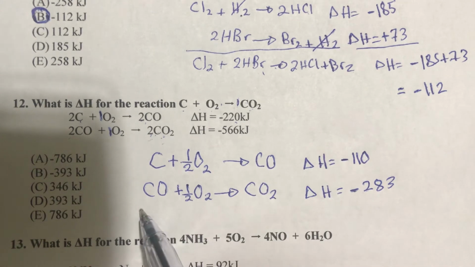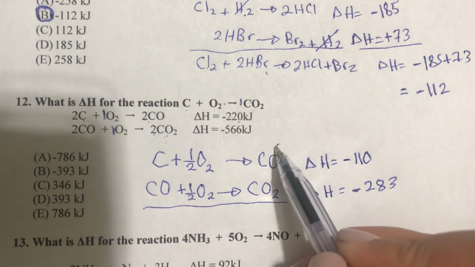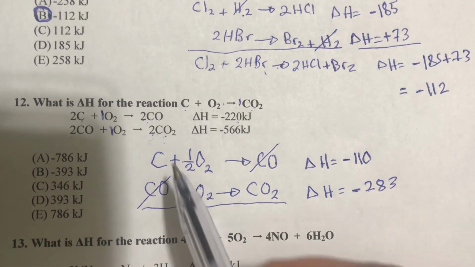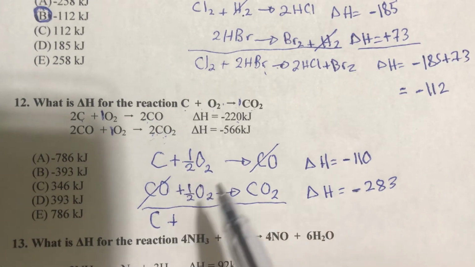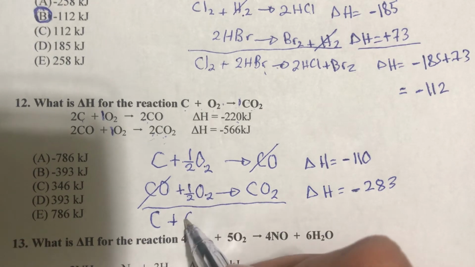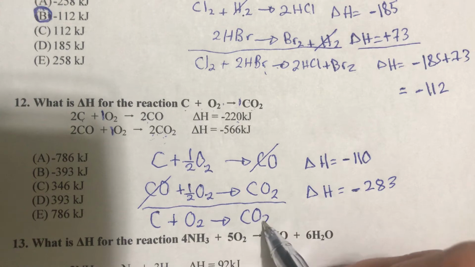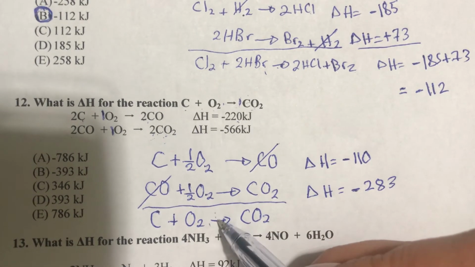So now if you add these reactions to each other, carbon dioxide here in the product and here in the reactant, you can delete it. So carbon plus half mole of oxygen plus half mole of oxygen, 1 mole of oxygen to produce carbon dioxide. So now you get this reaction.